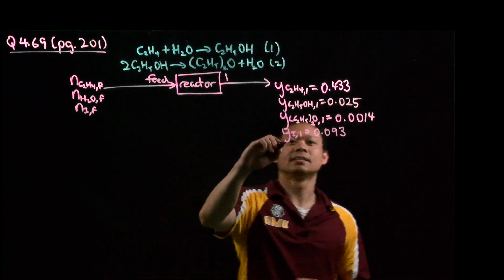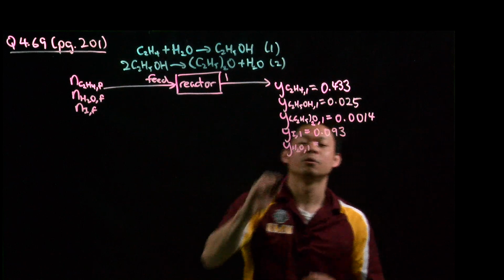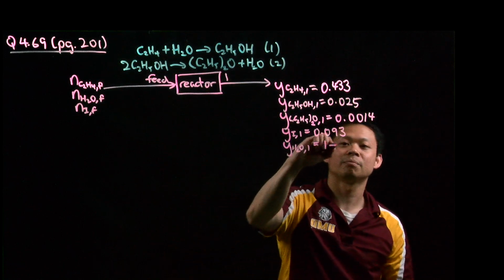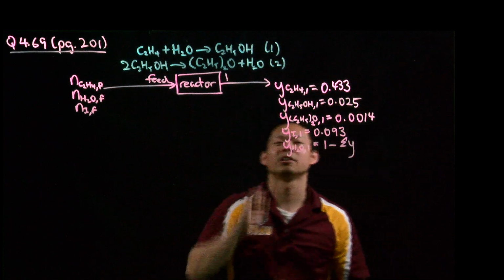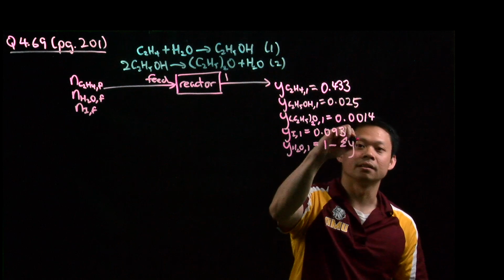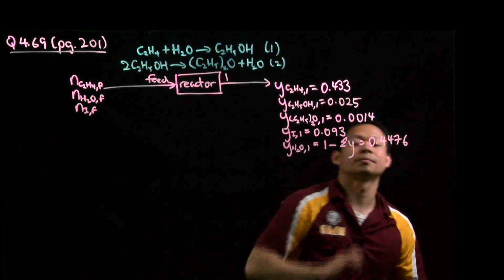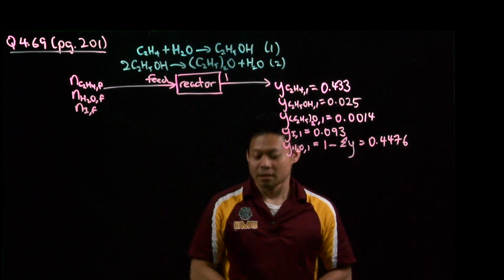Everything else that is not part of here is water, which is essentially 1 minus the sum of all the y's that are up here. Once you put it into the calculator, you see that this is 0.4476.